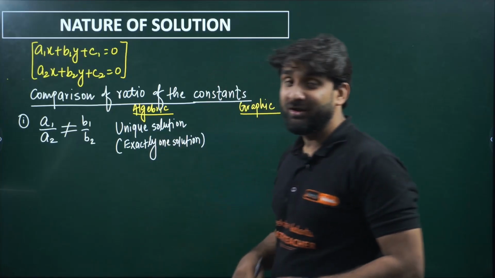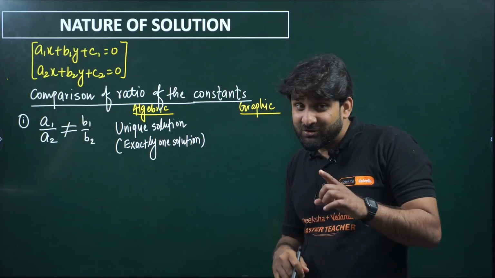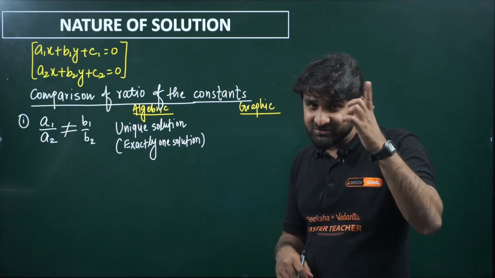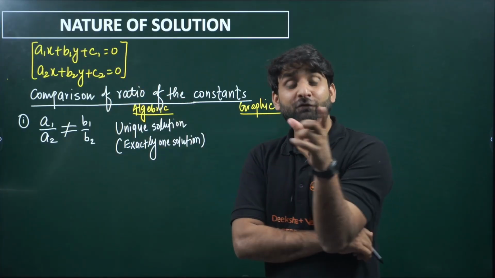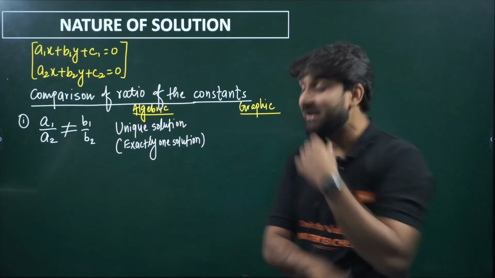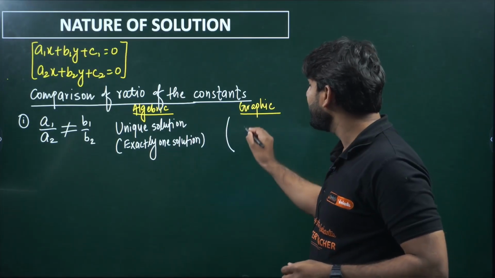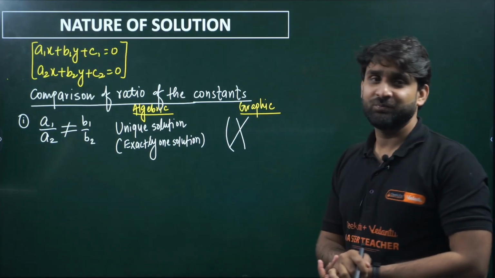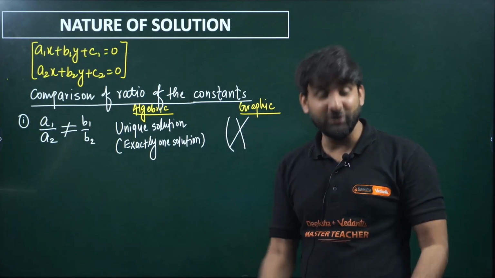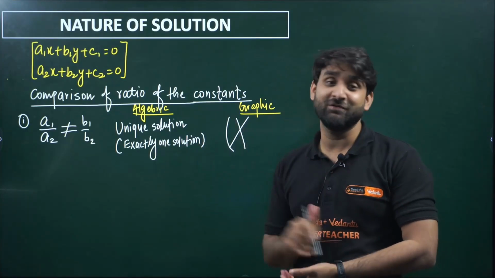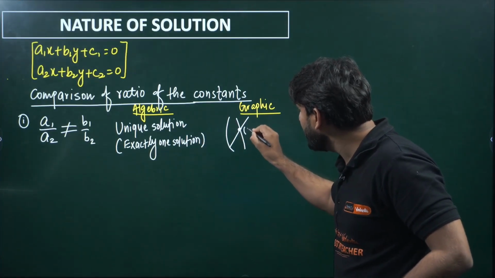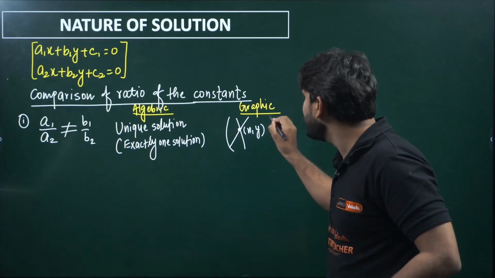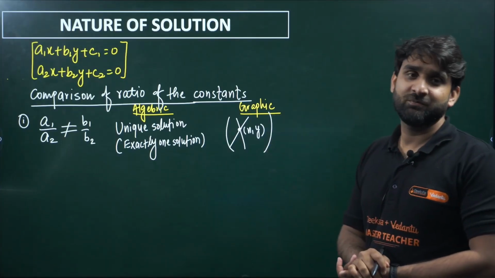And do you know, if you are getting exactly one solution, now use your common sense. Exactly one solution, and both are straight lines. So it indicates that on the graph they might be intersecting. Not might, they have to intersect because we are getting exactly one solution. So this point of intersection will be the value of x and y, which satisfies both the equations.